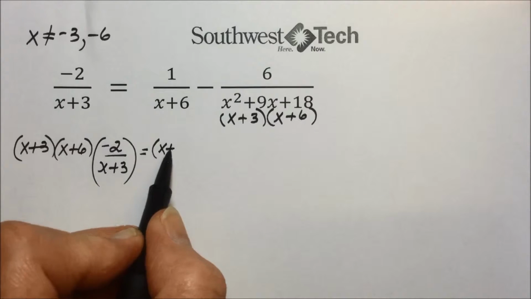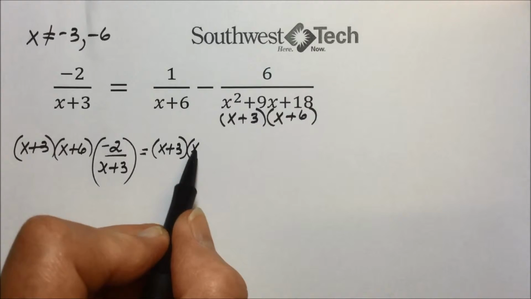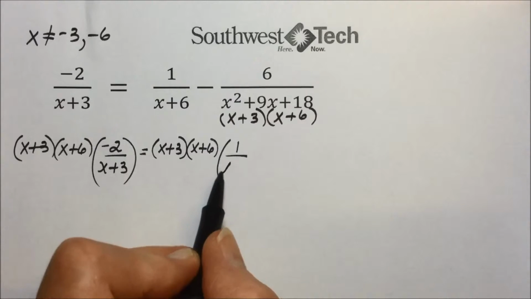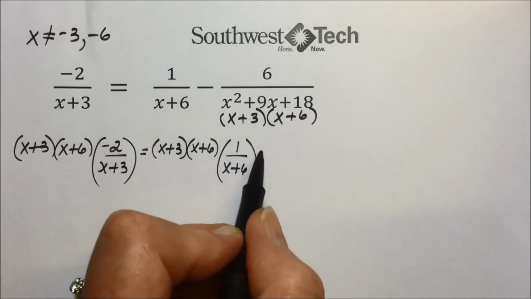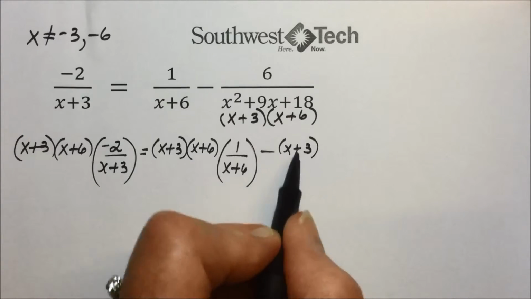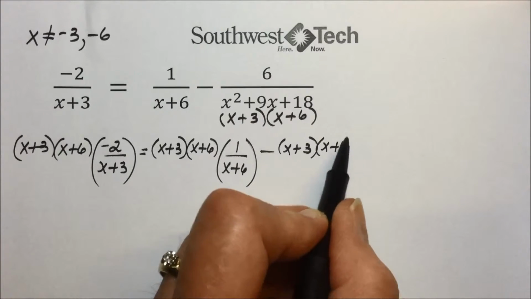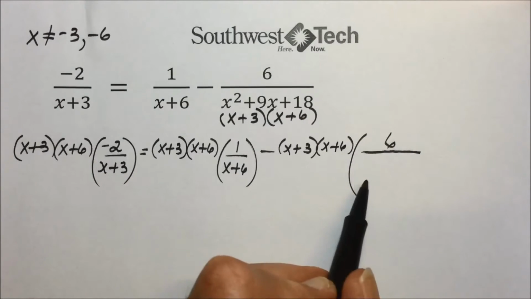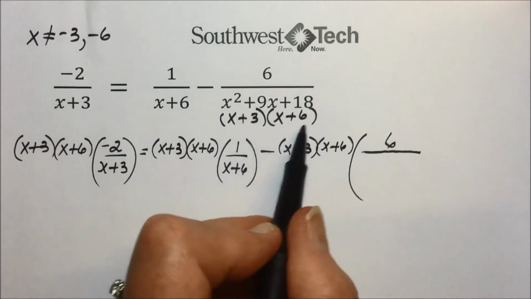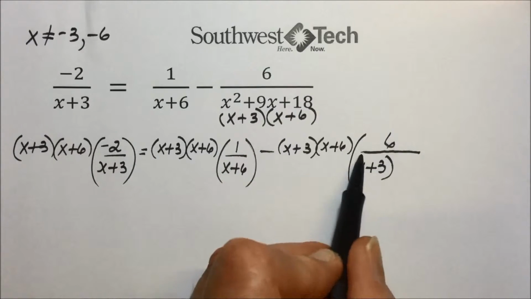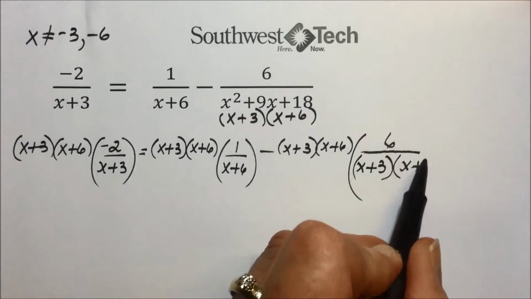Our second term gets multiplied by that least common multiple, so 1 over x plus 6 minus, again, we'll take our x plus 3 times x plus 6 and times it by our last term here, which is 6 over, and I'm going to replace that trinomial with the factored equivalent expression for that.